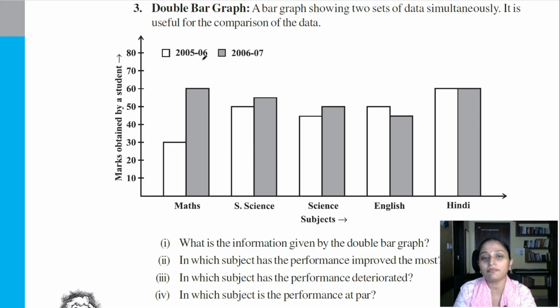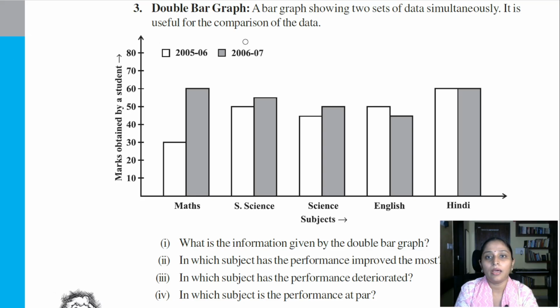So you have 2005-2006 and 2006-7. That means that you will be comparing the marks obtained subject wise for 2 consecutive academic years. Okay. So that is a double bar graph. So the main intention here is for comparison compared to the previous year and so on.